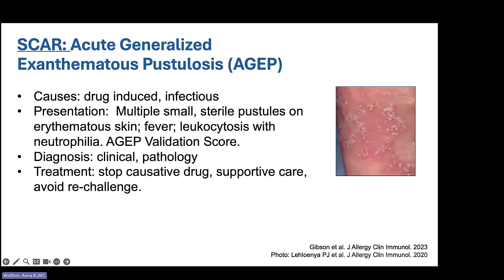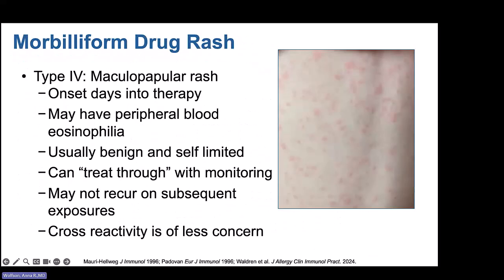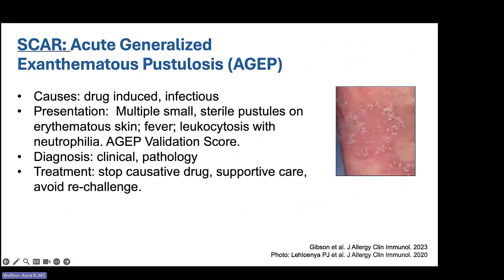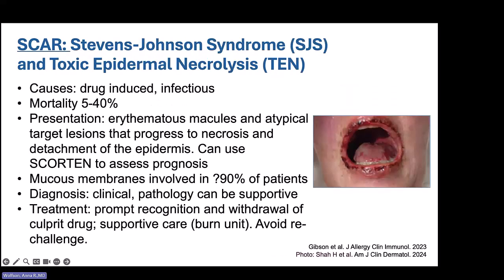The diagnosis is based on clinical diagnosis, but path can be done as well. And the treatment is, again, recognizing the presentation of AGEP, stopping the causative drug, and providing supportive care and avoiding rechallenge. This is uncomfortable for patients, but not nearly as uncomfortable and dangerous as Stevens-Johnson and toxic epidermal necrolysis.